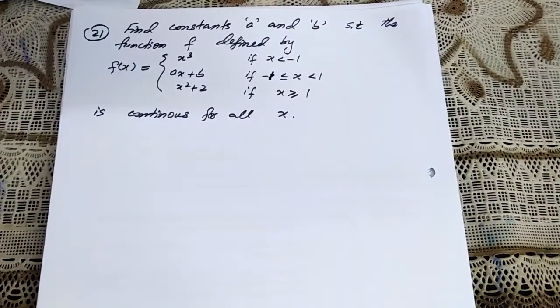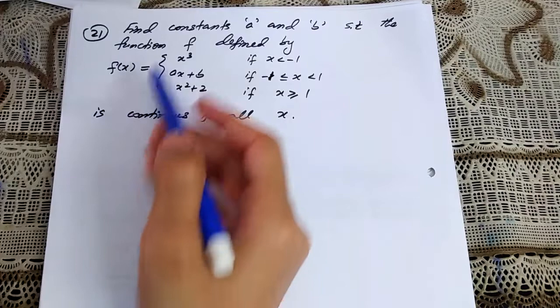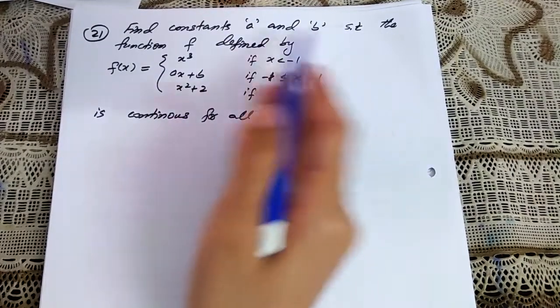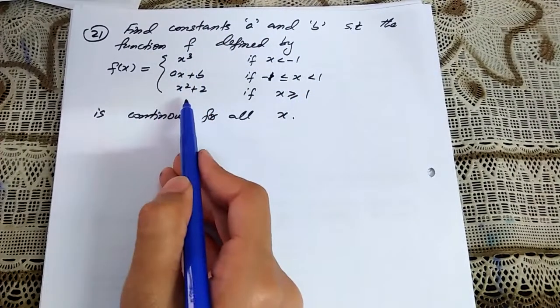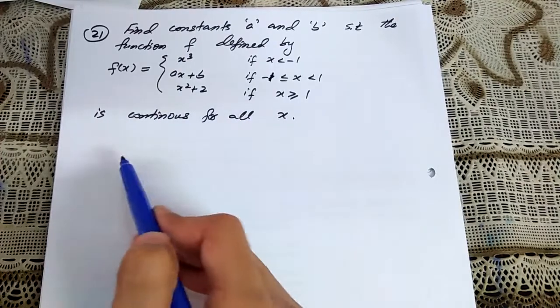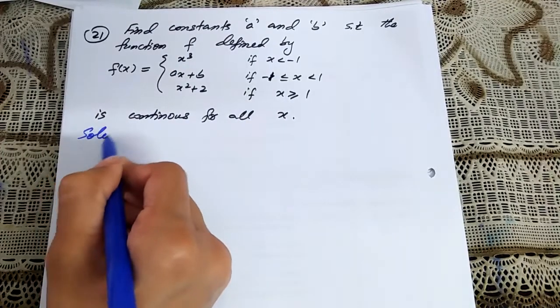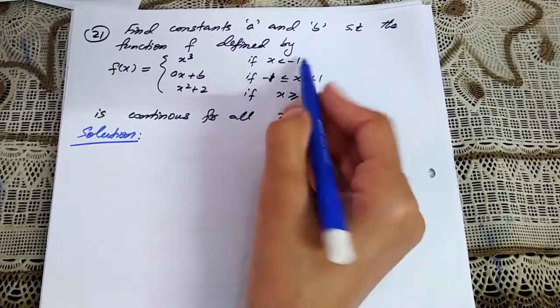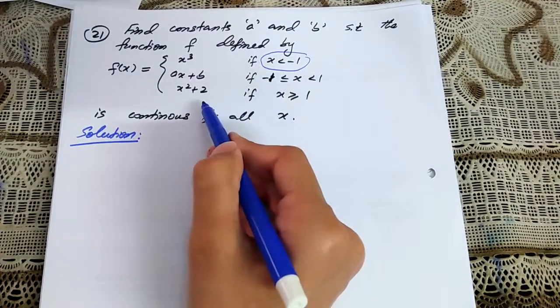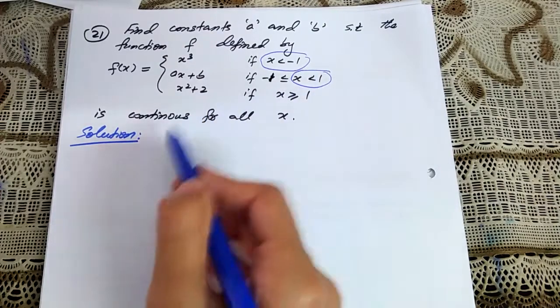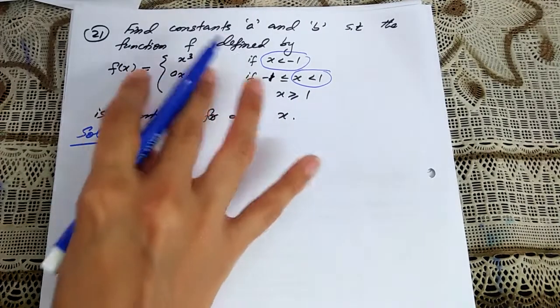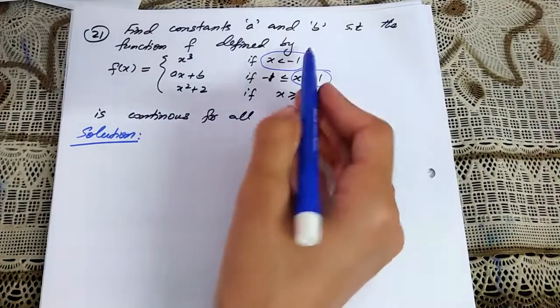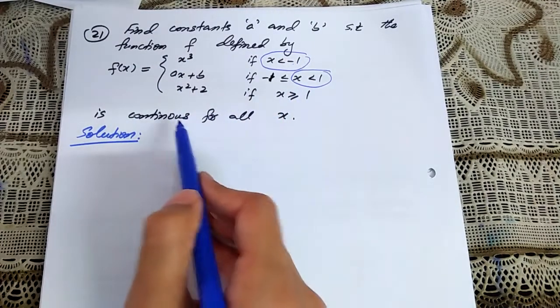Now question number 21 from the same exercise 1.3. Find the constants a and b such that the function f defined by this given function is continuous for all x. Now we can see from these limit values that we don't have equality here and also we don't have equality here. It means this function can be discontinuous only at minus 1 and 1 for the values of x.